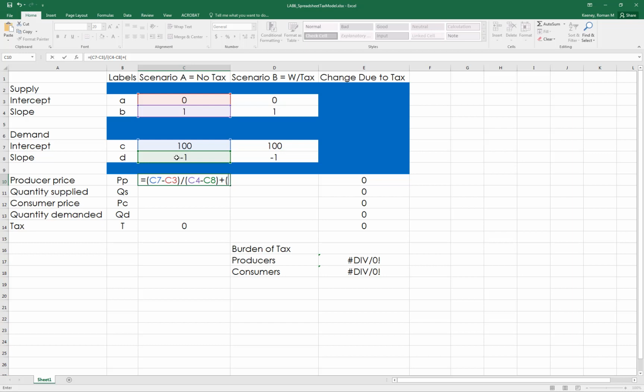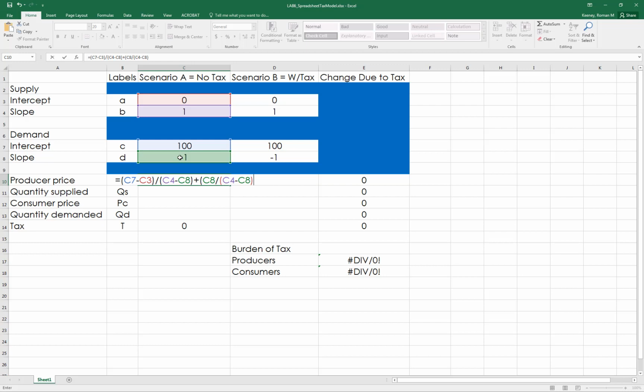So we get the demand slope divided by some open parentheses again, and now we'll take the supply slope minus the demand slope, that repeating factor that shows up. So B, C4 or B minus C8 or D.